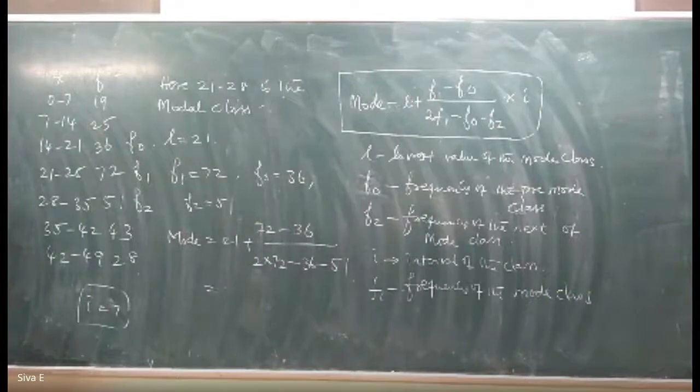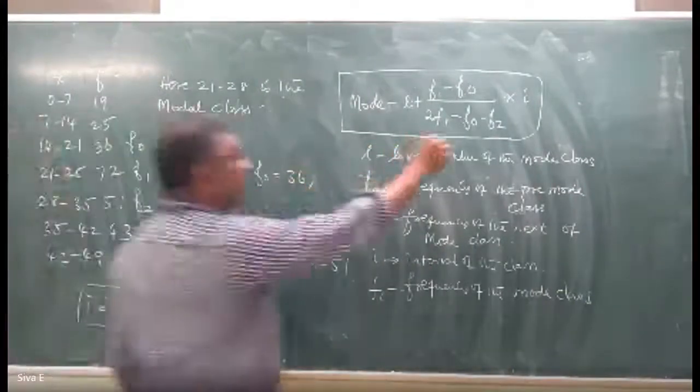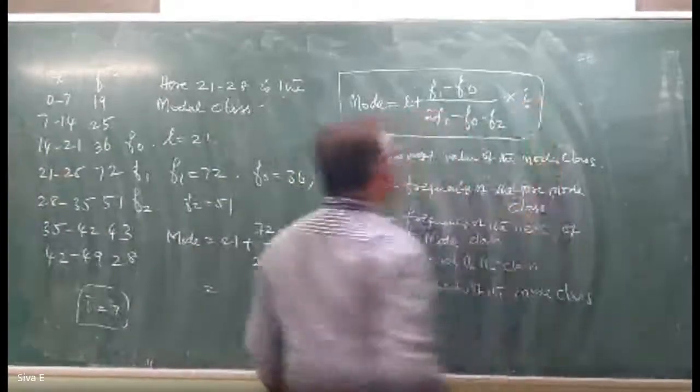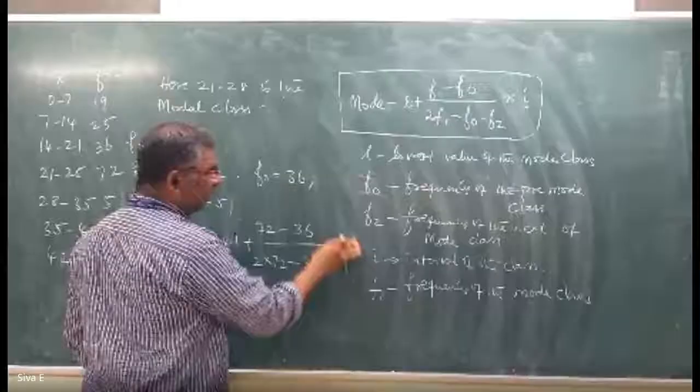Sir, do we have to include the interval value? No, sorry, I missed one: into I. What is I here? Into 7. Okay, I missed that.